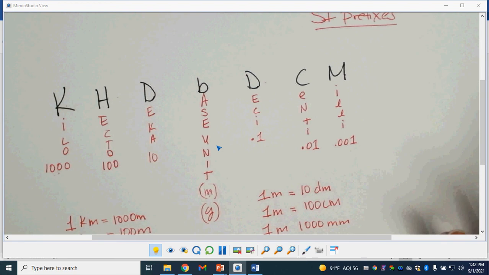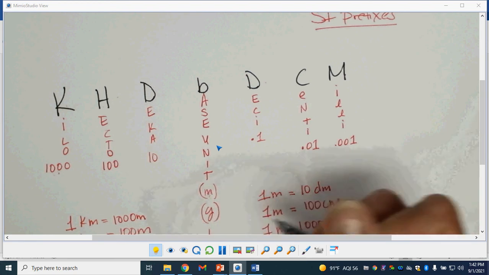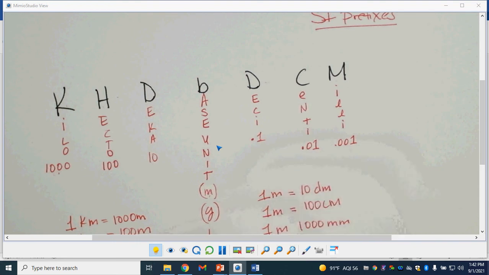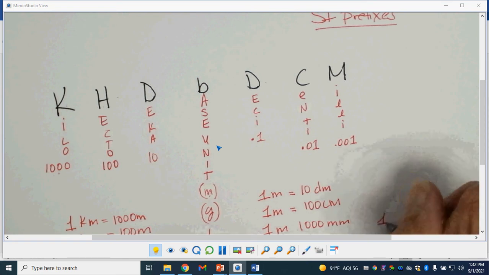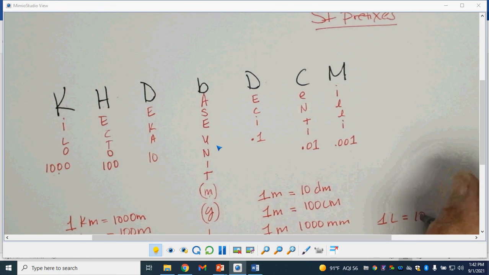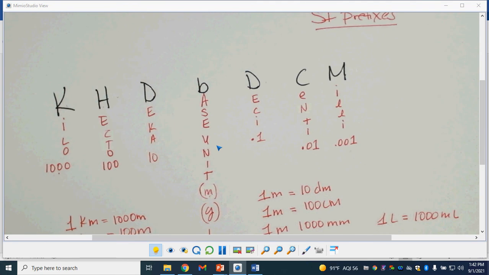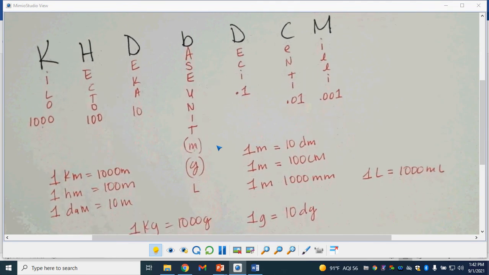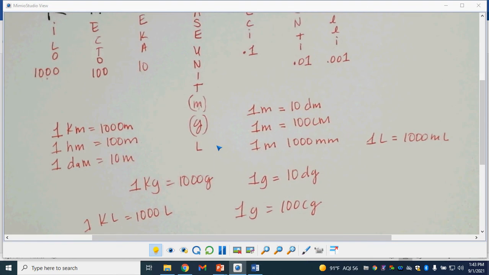These are some very common ones, or L for liter. So if I have 1 kiloliter, I will have 1,000 liters. Or 1 liter is equal to 1,000 milliliters. These are the super common prefixes.